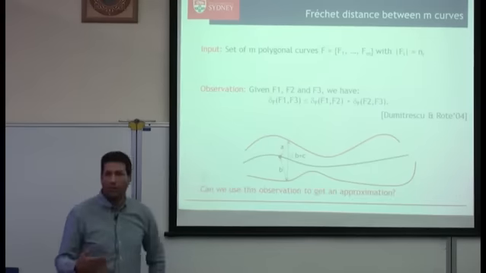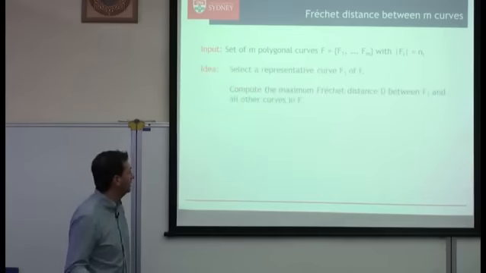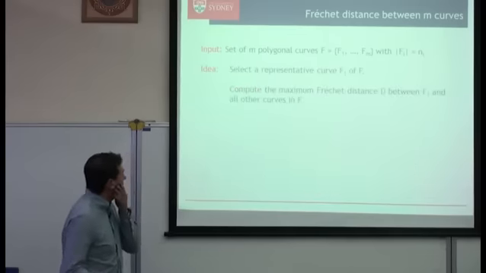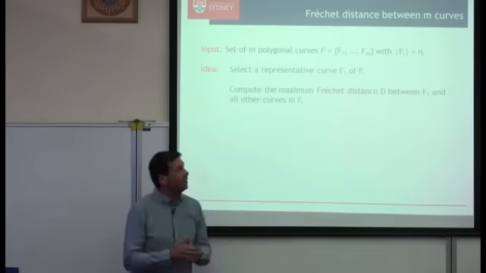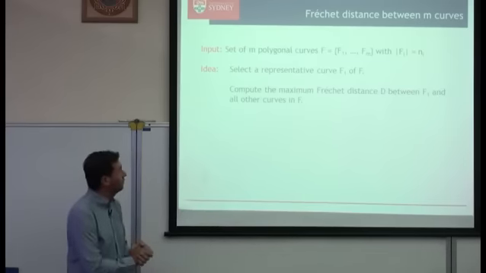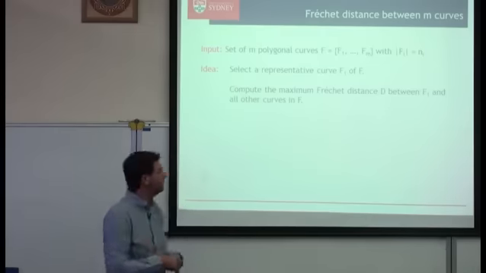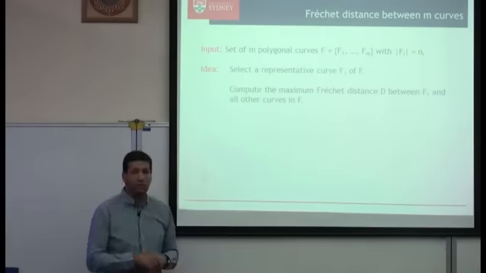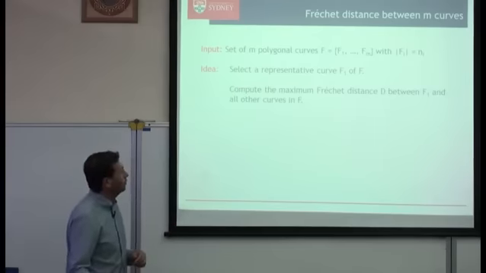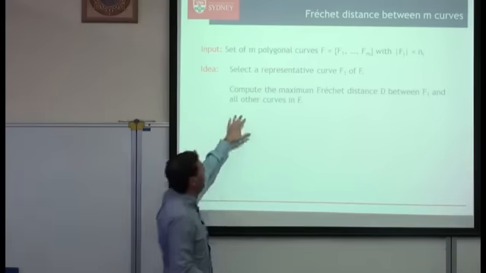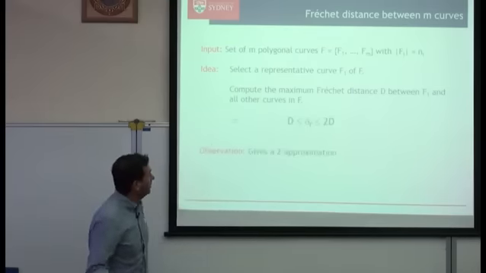So can we use this observation to get an approximation? Well, we have the same setting again. We have a set of m polygonal curves. But now I'm going to select a representative curve f1 of the set. So I just pick f1, and then I compute the maximum Fréchet distance d between f1 and all other curves in the set.